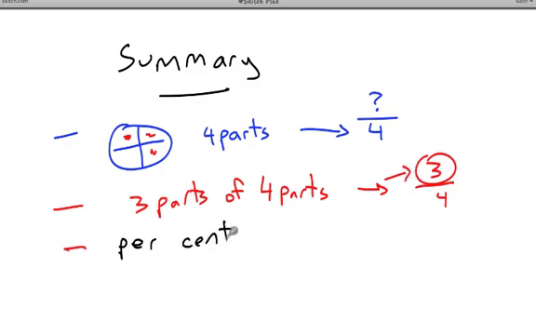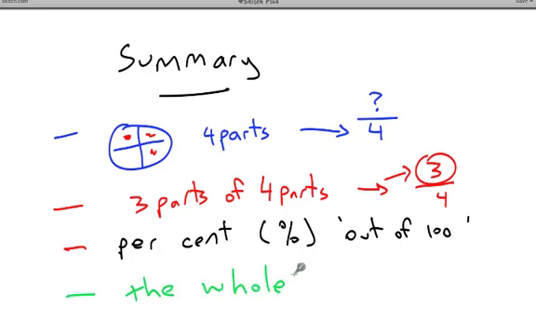Thirdly, percent means out of 100. And finally, the whole is 100%. That's it. Everything else springs from those 4 bits of information. So have fun with percentages and with fractions.